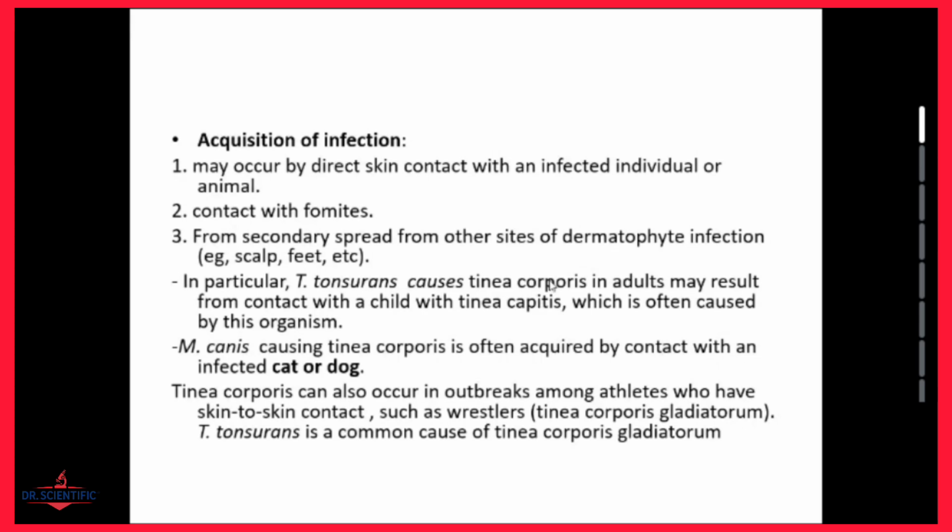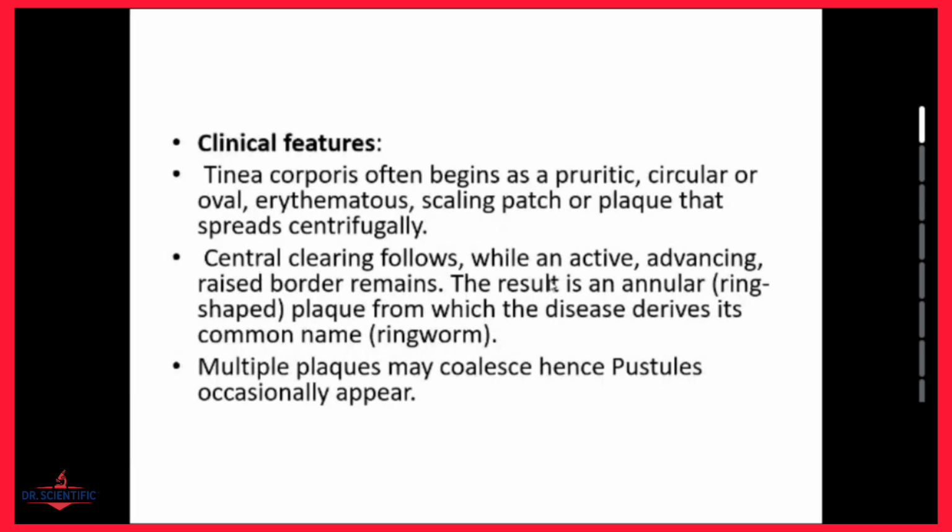So Tinea corporis can also occur in outbreaks among athletes who may have skin-to-skin contact, such as wrestlers. Tinea corporis gladiatorum, which is also caused by T. tonsurans, is a common cause of Tinea corporis to those people out there.